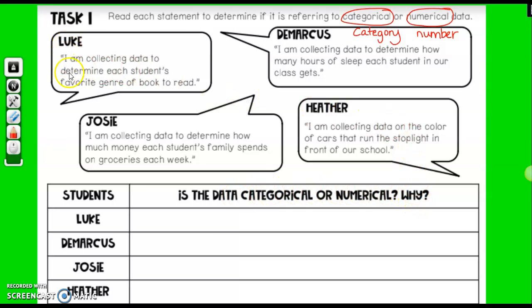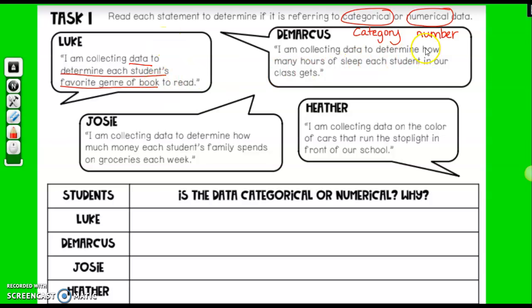All right, so Luke says, I am collecting data to determine each student's favorite genre of book to read. So let's go back and see what kind of data or what kind of answer you would get for this question. So are you going to answer this question with a number? My favorite genre is 4.